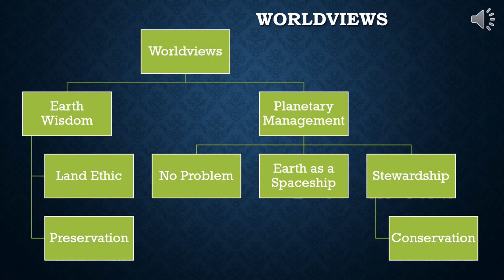So that's Earth wisdom. Let's talk about the sub-pieces of planetary management. Let's talk about them in terms of worst to best. Probably the worst one we can think about is the no problem school. The no problem school says that technology will be able to fix any problem that we have. We can figure out a way to fix it from within the system with a tech fix. The problem is, it's really hard to fix something when you're inside the system itself.